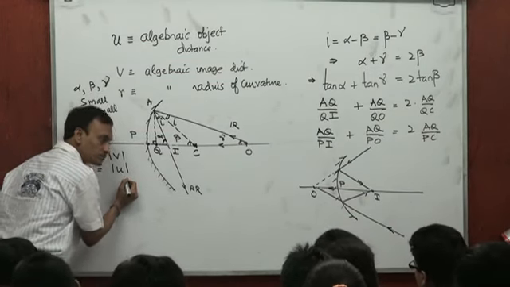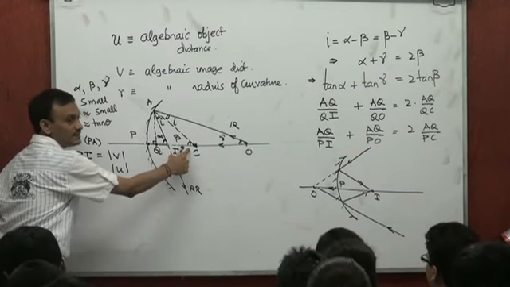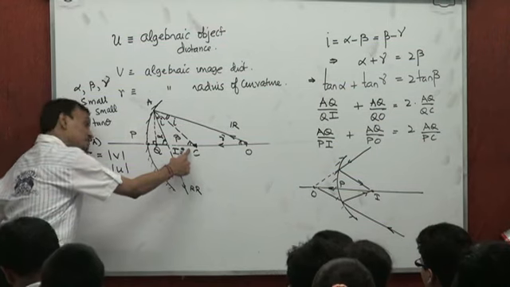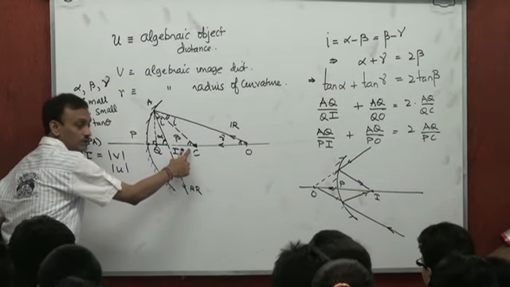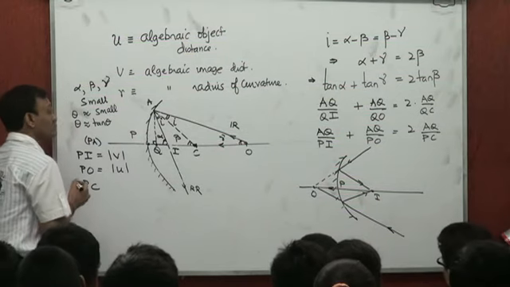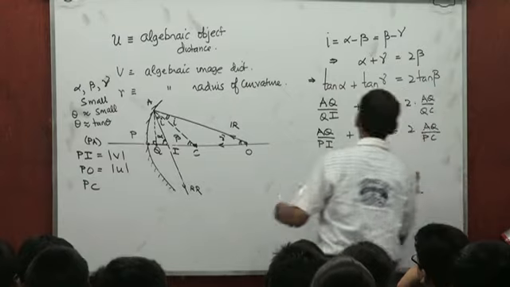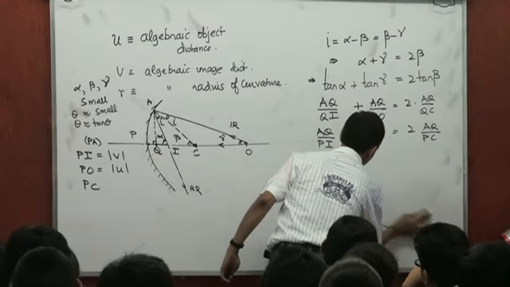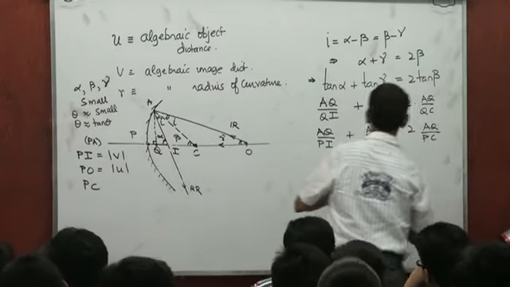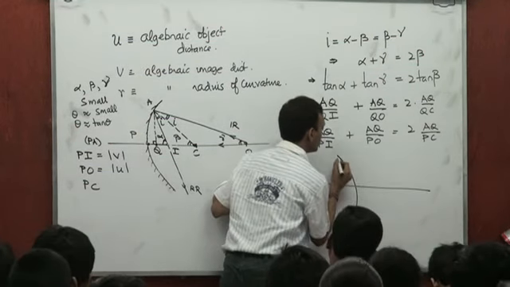And similarly PC would always be positive. But R can be positive as well as negative. How could it be negative? Instead of a concave mirror, you could have had a mirror which is convex, because this is a convex mirror.